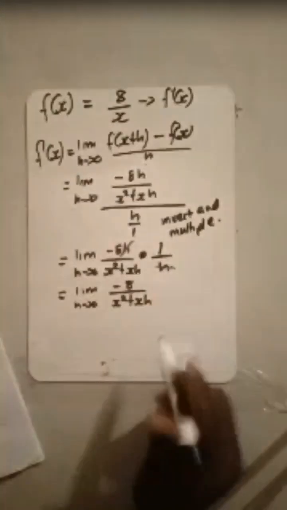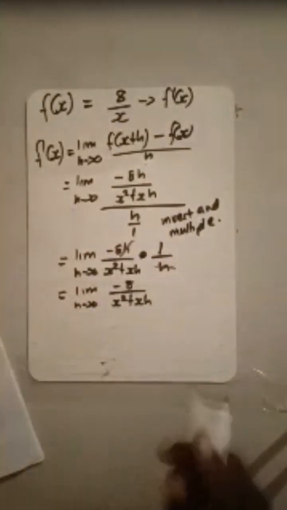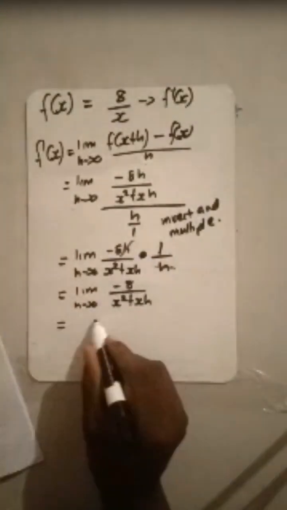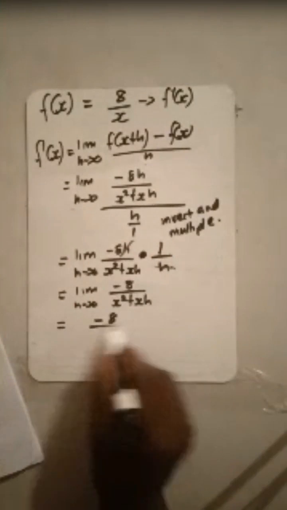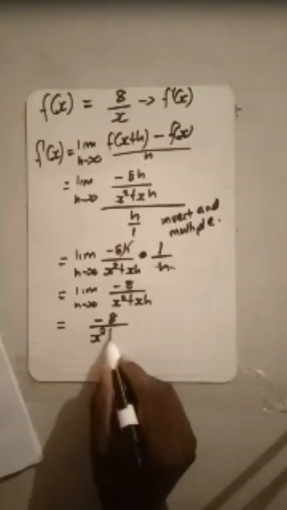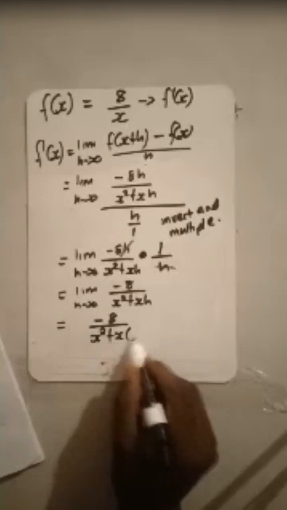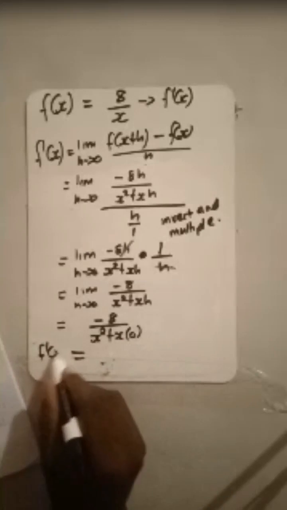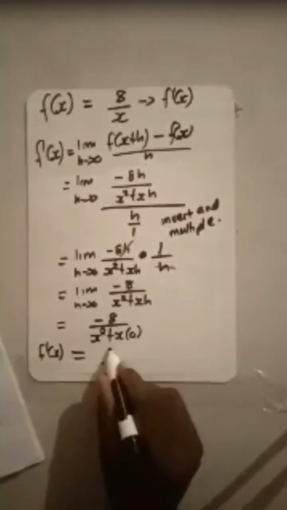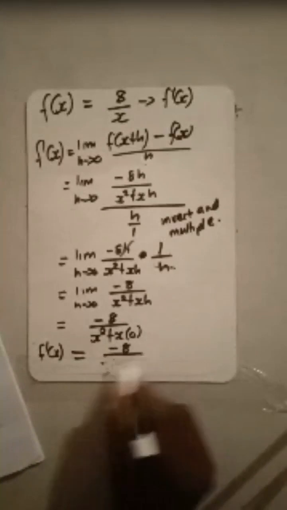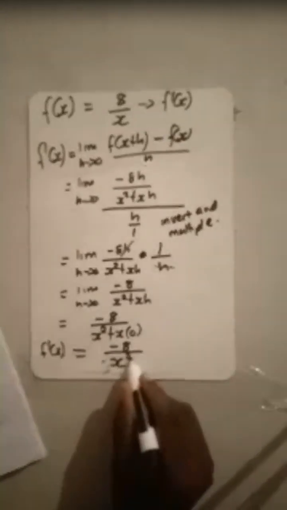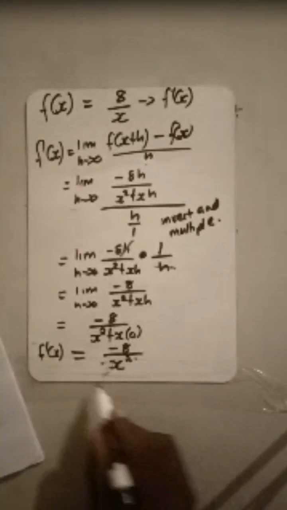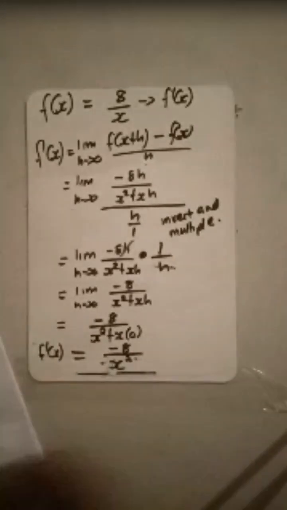So now we ditch limit h tends to 0, and where there's h, we are going to substitute by 0. So this is going to be negative 8 over x squared plus x multiplied by 0. Therefore, the final answer becomes negative 8 over x squared. That's the final answer. Right.